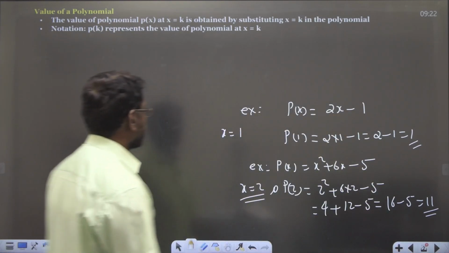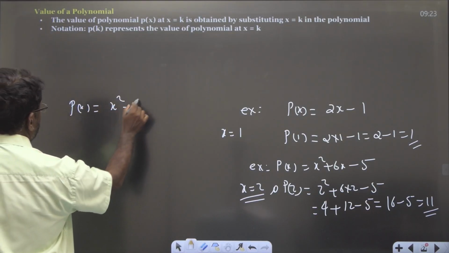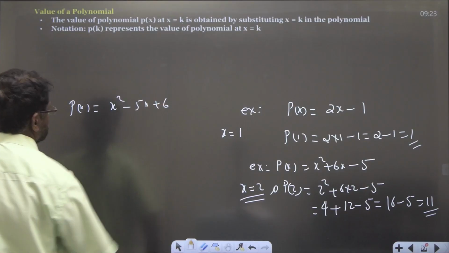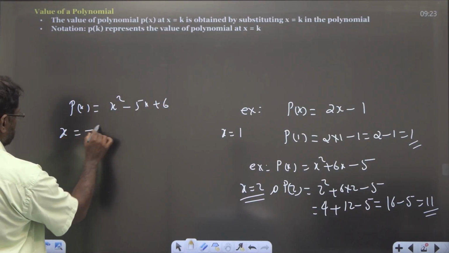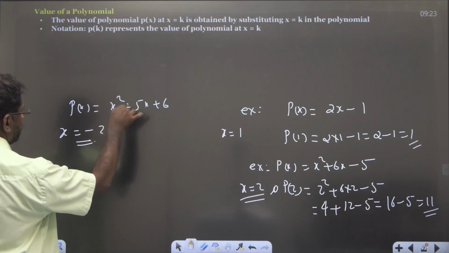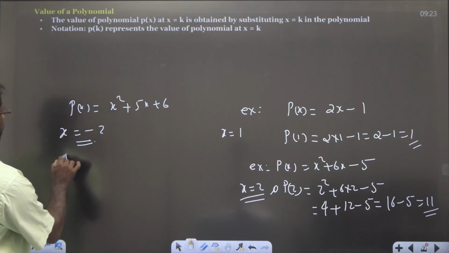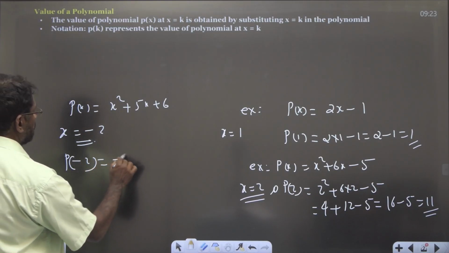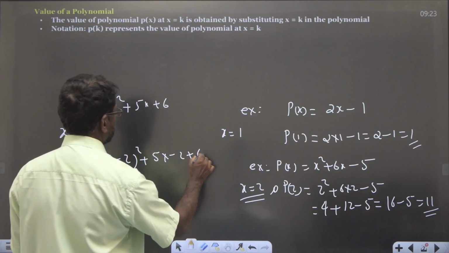One more example I can give you. P of x is equal to x square minus 5x plus 6. What is the value of the polynomial at x equal to minus 2? That is P of minus 2 is equal to minus 2 square minus 5 into minus 2 plus 6.